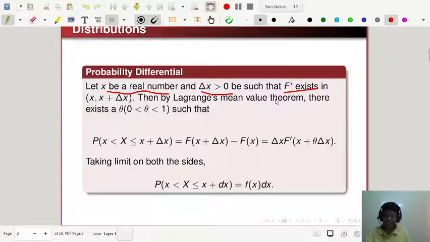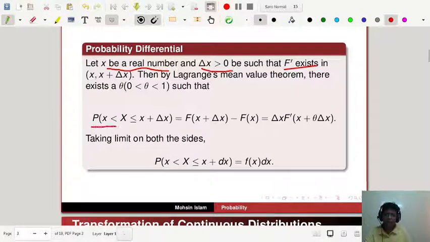Then by Lagrange's mean value theorem, we can find a theta, 0 less than theta less than 1, such that the probability of x less than capital X less than or equal to x plus delta x is equal to f of x plus delta x minus f of x, that is the increment, equal to delta x times f dashed of x plus theta delta x.